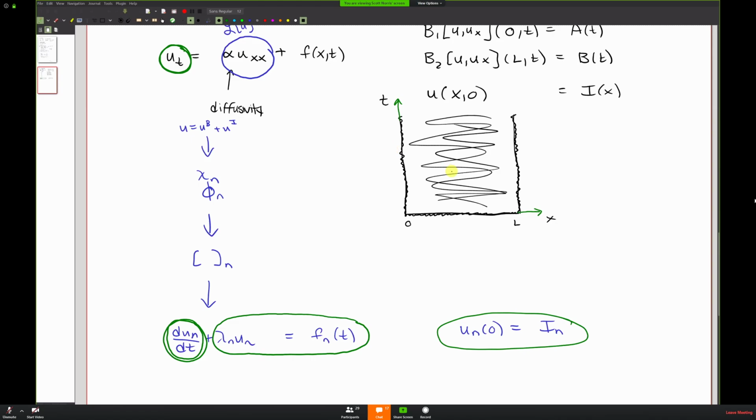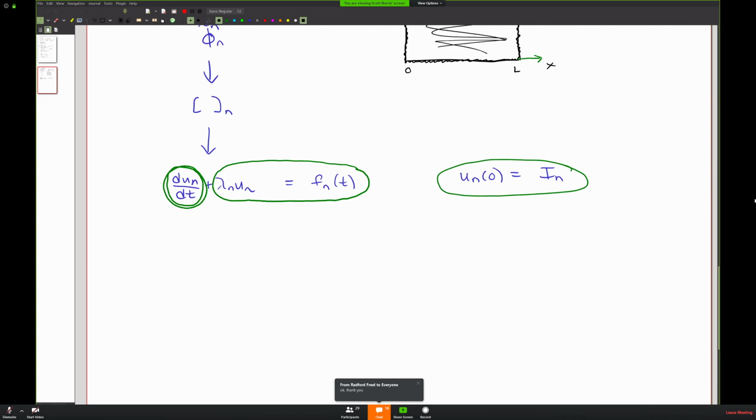There's 2 independent variables, x and t, and so you can represent that domain graphically by letting x be one axis and t be the other. And if we do that, we get this sort of visualization of the domain of the problem. The solution lives between x equals 0 and x equals L, and then the solution lives between t equals 0 and t goes to infinity. Okay, yep, so this is just a different thing.